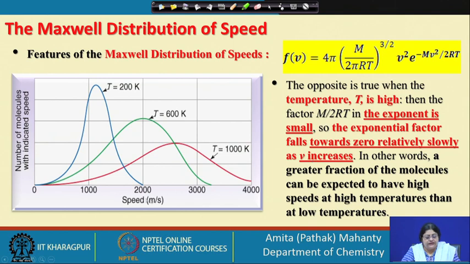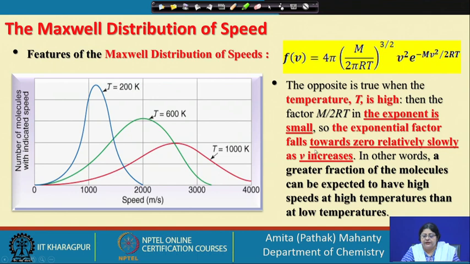So, as we increase the speed, which is going to be slower? When the temperature is high, this factor which you are looking into in the exponent is small. So, the exponential is small, and since it is a negative exponential, the decay will be smaller.